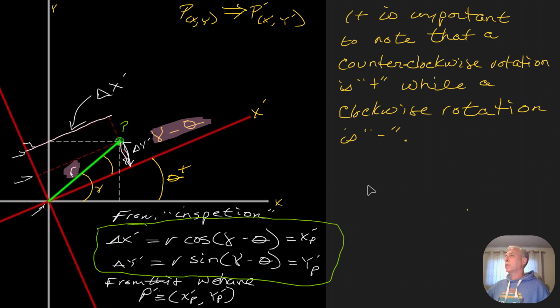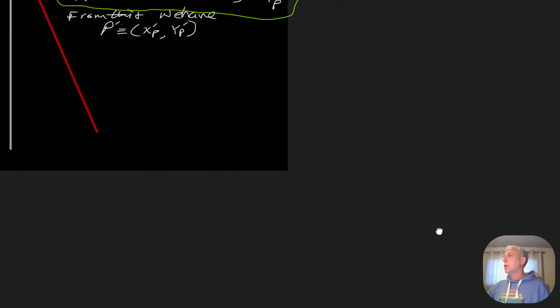Okay, so I'm going to move this out of the way. And let's start with what we know, what we just derived. So delta x, which is x to x prime, equals, what did I just have?